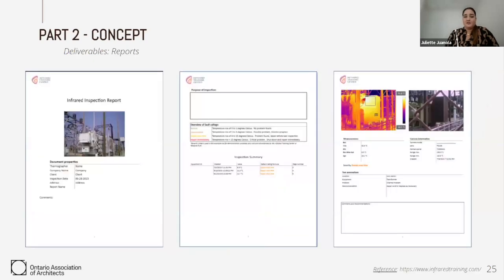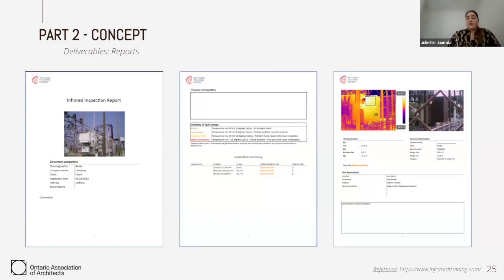Okay, once this data has been processed, it is time to deliver it to the customer. When talking about the deliverables, I think the traditional type of deliverable that almost always comes to mind is the reports. These are sample reports from the Infrared Training Center. This is the basic type of information that needs to be delivered in an infrared inspection report.